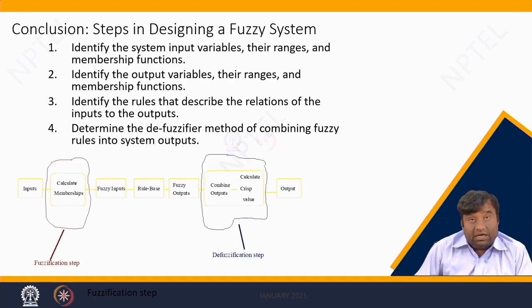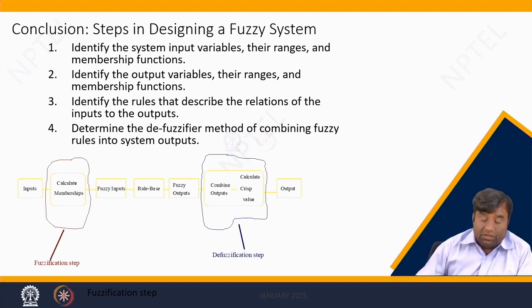There are different steps in designing a fuzzy system. First, identify the system input variables, their ranges and membership functions. Identify the output variables, their ranges and membership functions. Identify the rules that describe the relations of the inputs to the outputs. Last, determine the defuzzifier method of combining fuzzy rules into the system outputs.